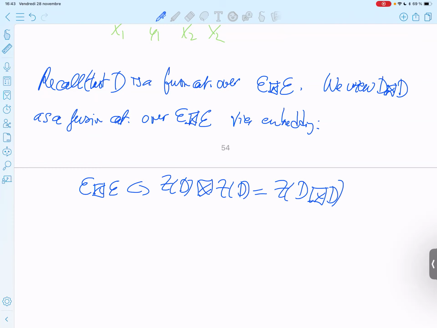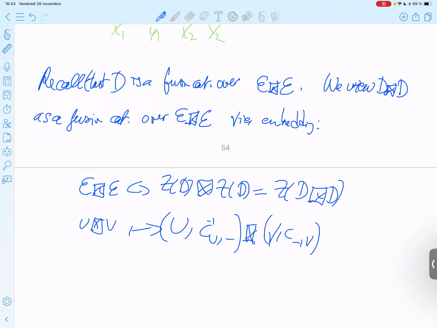And here you use U tensor V mapped to U. So you use this braiding as the second component in the Drinfeld center, and V this way.